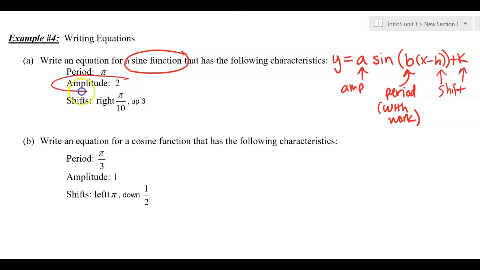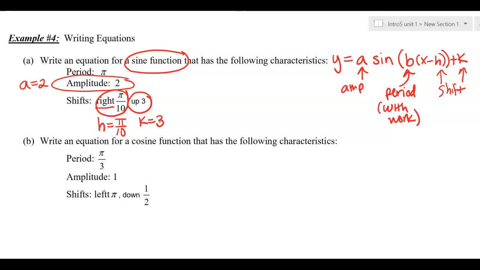The fact that the amplitude is 2 tells me right away that the A value in my equation is going to be 2. The fact that I'm shifting right pi over 10 means that's happening to x, which means this corresponds to an h value of pi over 10. And up 3 means that my k value is 3.